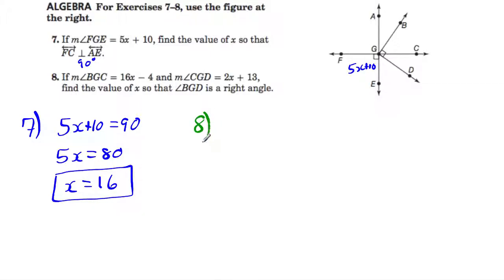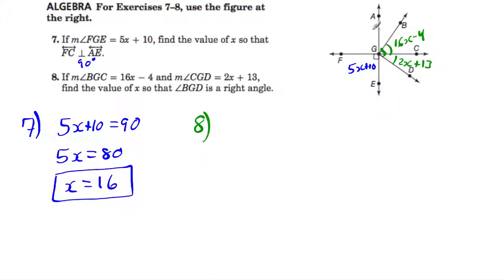For number 8, I'm given that angle BGC, right in here, is equal to 16x minus 4, and CGD is equal to 2x plus 13. We want to find the value of x so that BGD is a right angle.